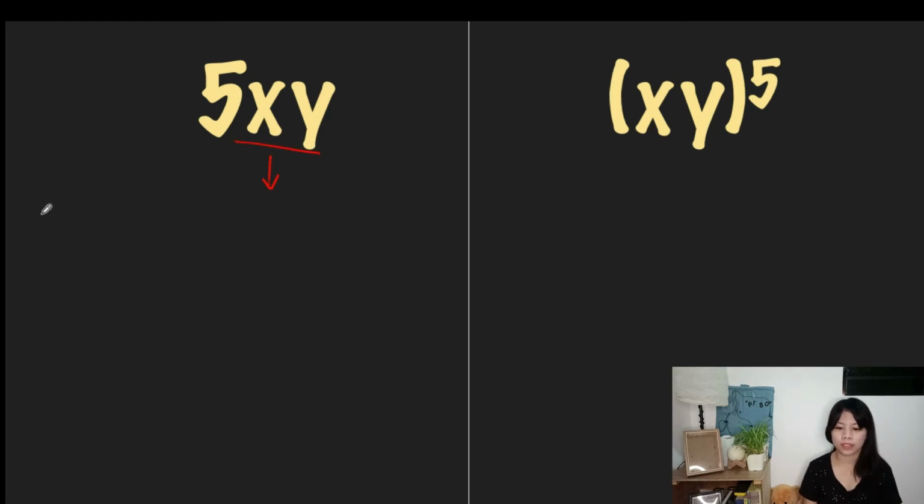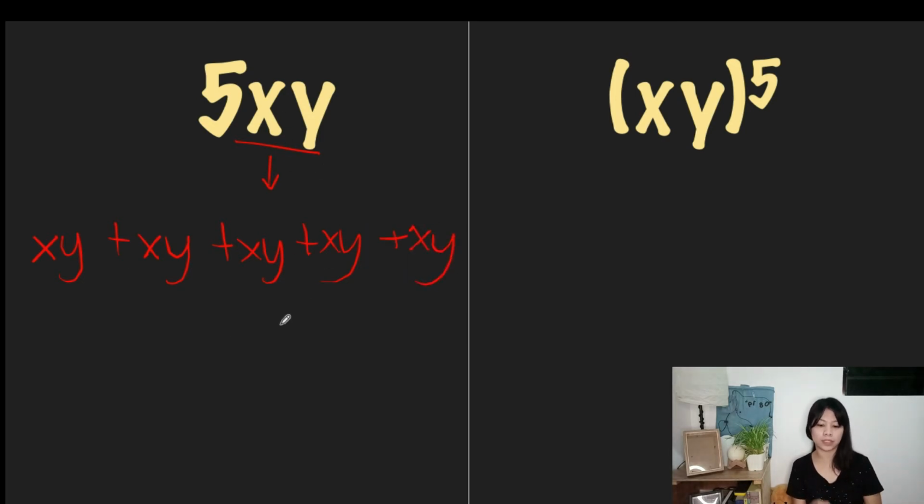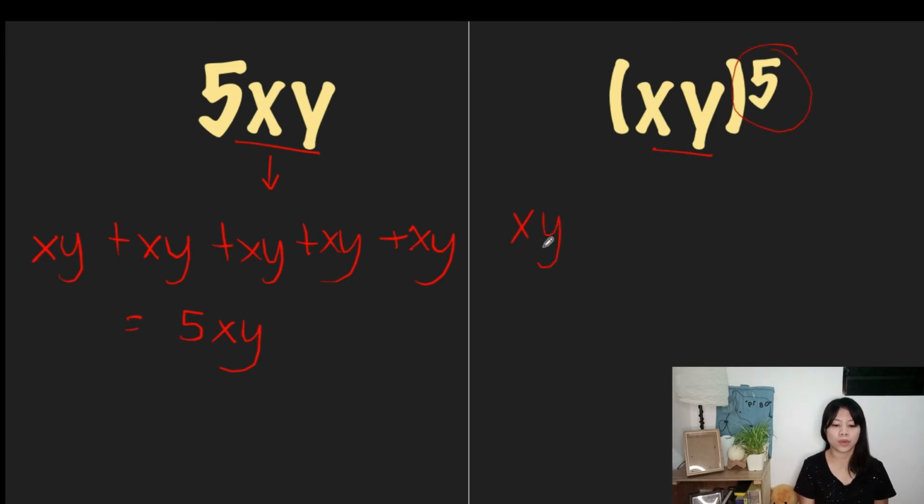In mathematical expression, it is xy plus xy plus xy plus xy plus xy. So, this is equal to 5xy. Ngayon, pag sinabi nating quantity xy raise mo sa 5, ibig sabihin, yung 5 xy ay imumultiply mo sa isa't isa. So, xy times xy times xy times xy times xy, it is equal to xy raised to 5.